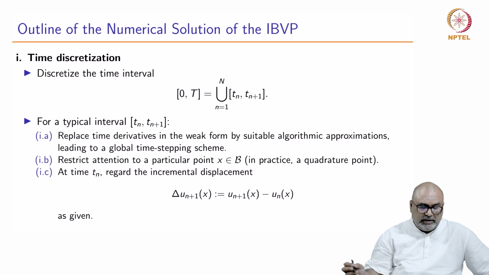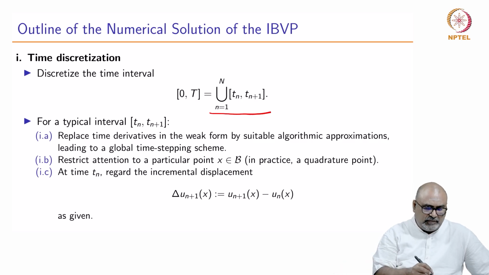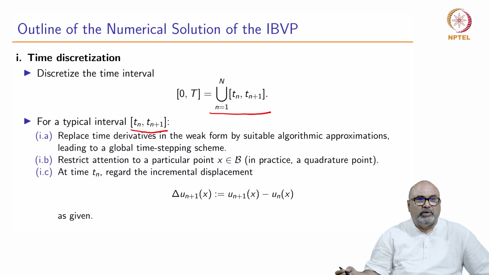Now, we can discretize the time into a number of time steps, n equal to 1 to capital N. For any typical time step, the closed interval is between Tn and Tn plus 1.